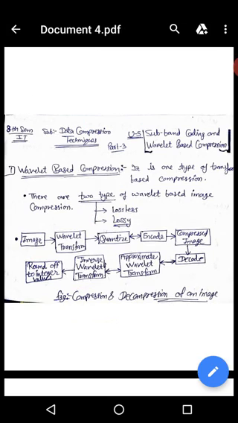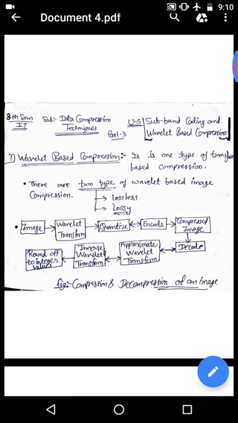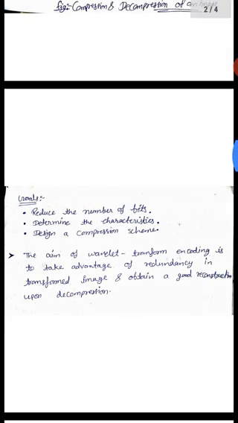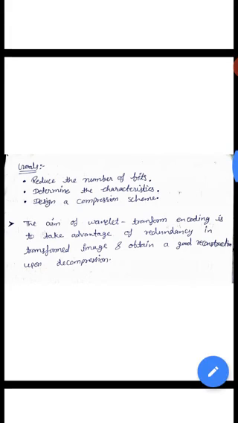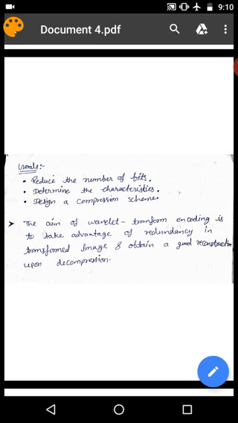Now we will see the goals of wavelet based compression. First is to reduce the number of bits required to store or transmit data, without any appreciable loss of information. Second is to determine the characteristics of essential information in the original data.